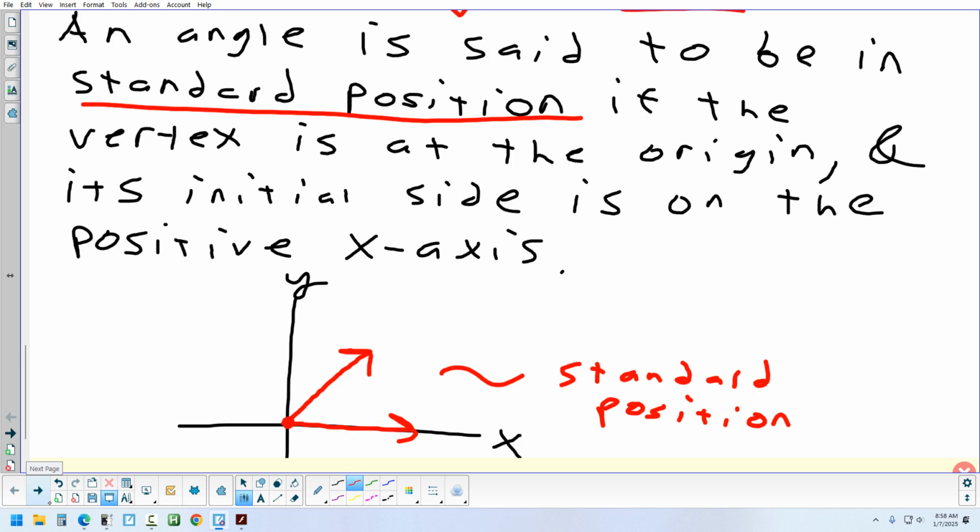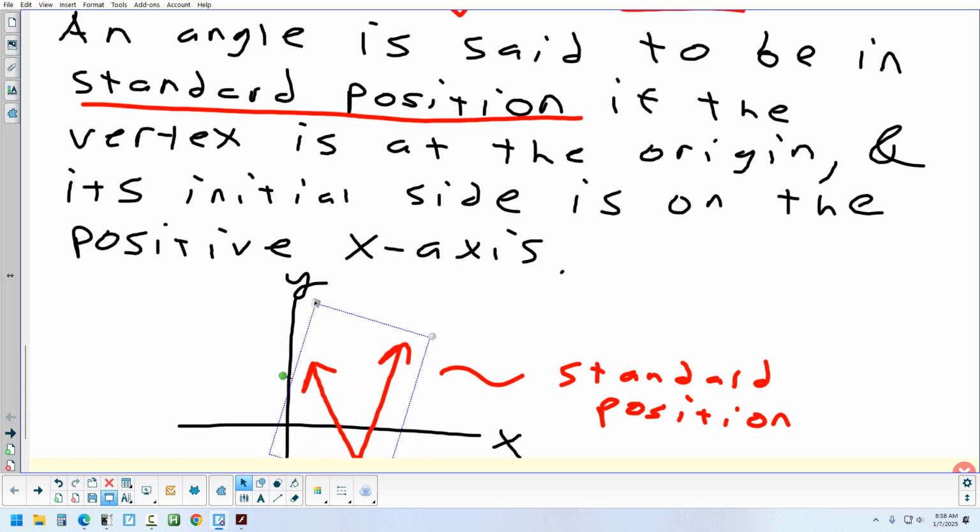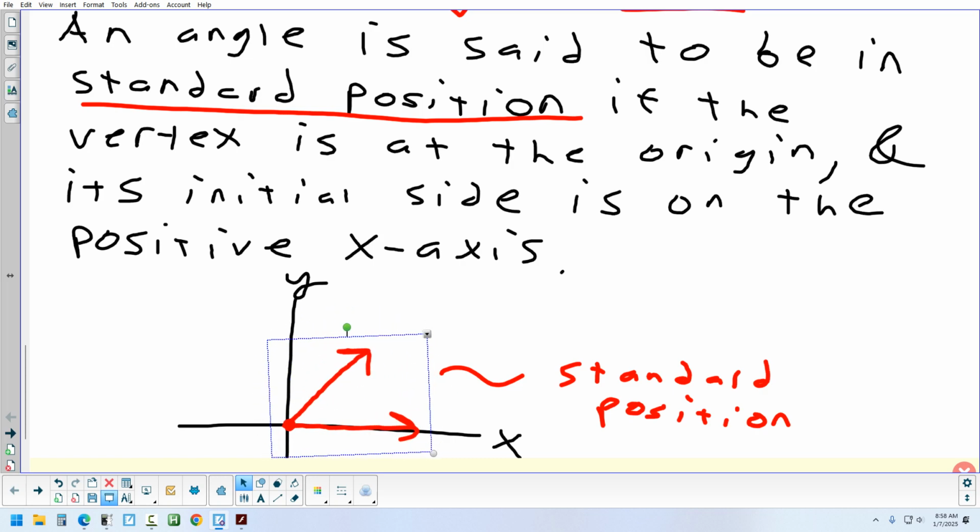So vertex at the origin, initial side on the positive x-axis. That's called standard position. What that does for us is if I asked you to sketch a 45-degree angle, everybody's 45-degree angle would be oriented the same way. If I didn't say standard position, some people might draw it like that, some people might draw it like that. People might draw it all different ways. But standard position is only one way.